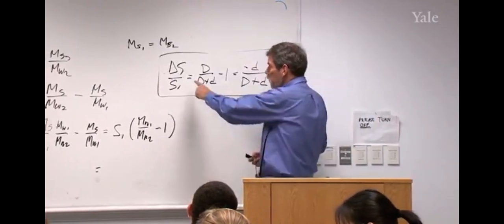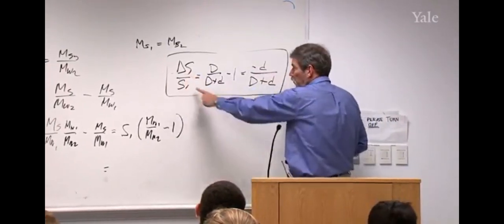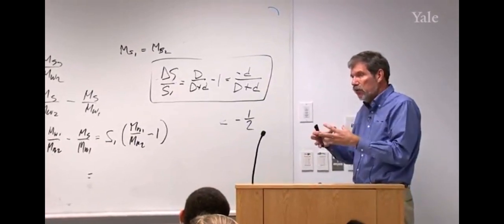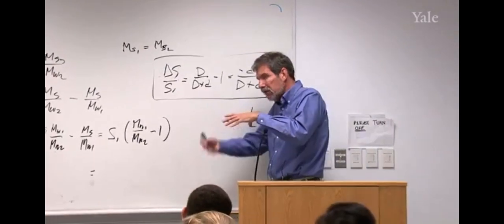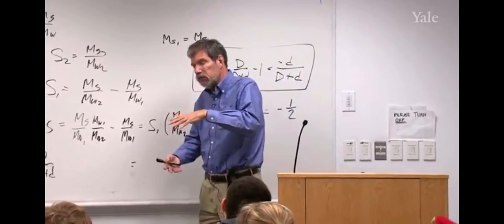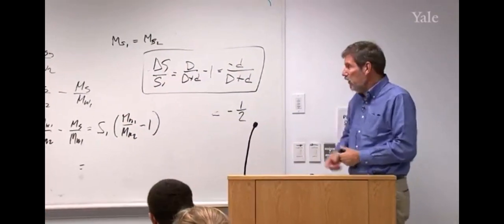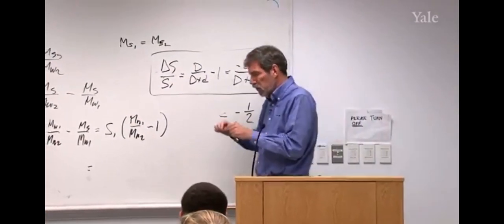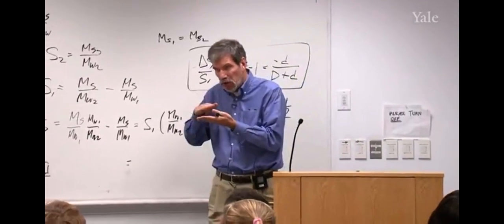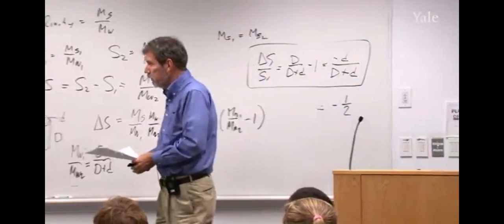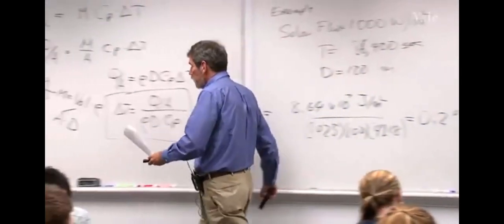That means the salinity is going to drop in half of what it was before because I've added an equal amount of fresh water. So that salt now had to mix into twice the amount of fresh water. That's going to drop the salinity exactly in half. Now this would be an extreme example. Usually in the ocean, we're just talking about adding some small fraction. So let me do a little more realistic example of this.